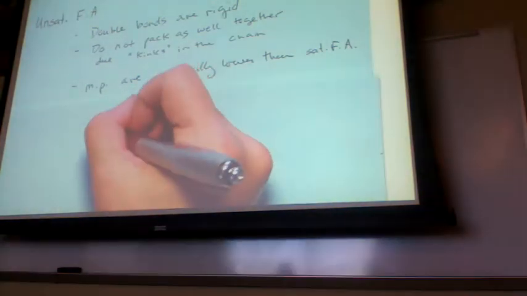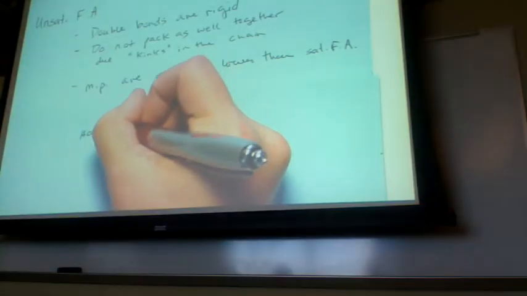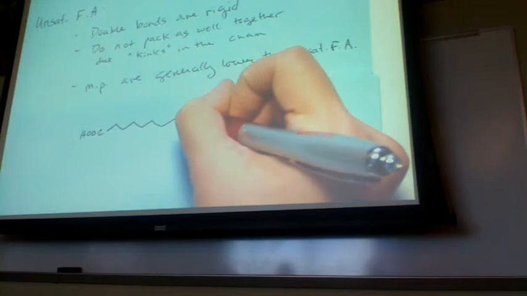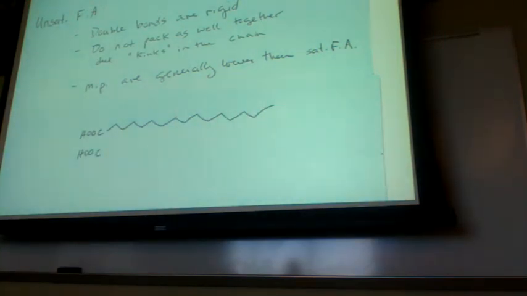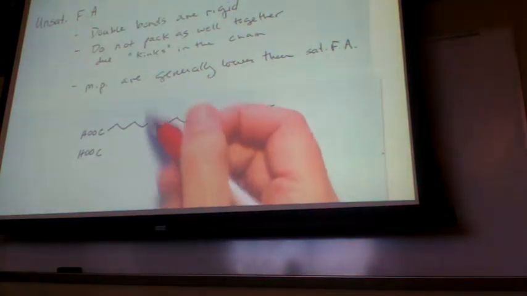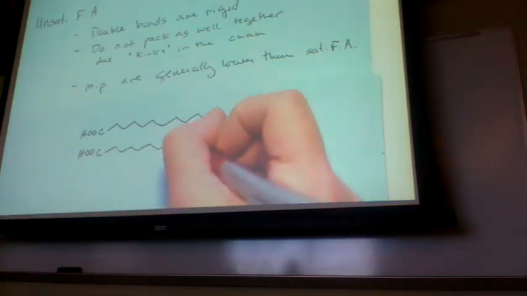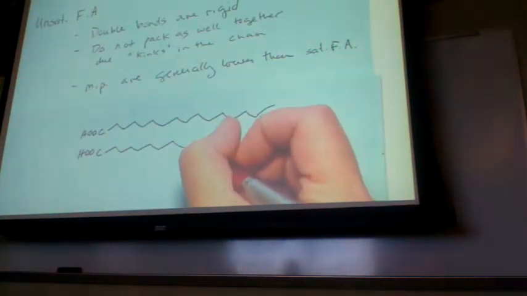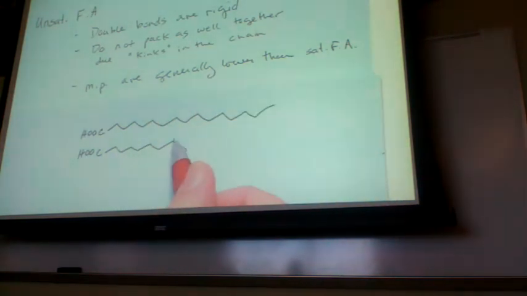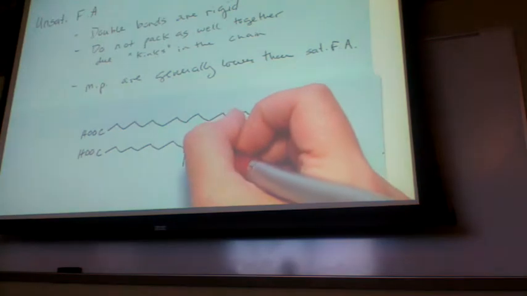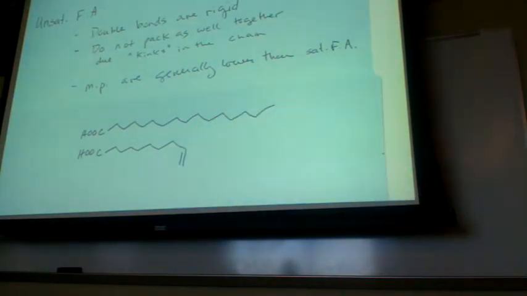If I attempt to draw that, then you might see something like this. I'm going to try to draw this to resemble more what the geometry might look like. So 1, 2, 3, 4, 5, 6, 7, 8, 9, and then maybe I have a cis double bond that goes off in some other random direction here.